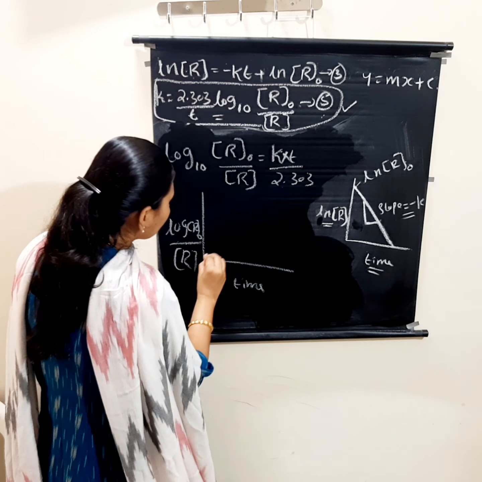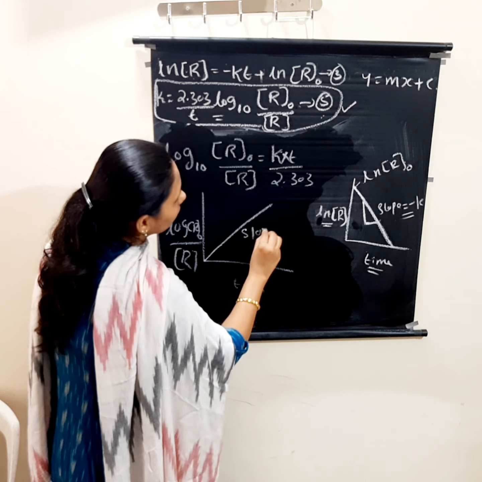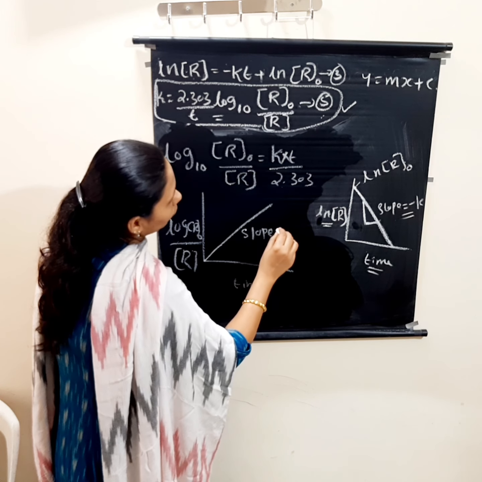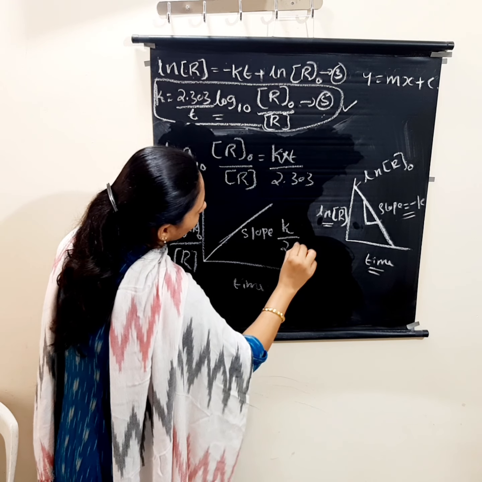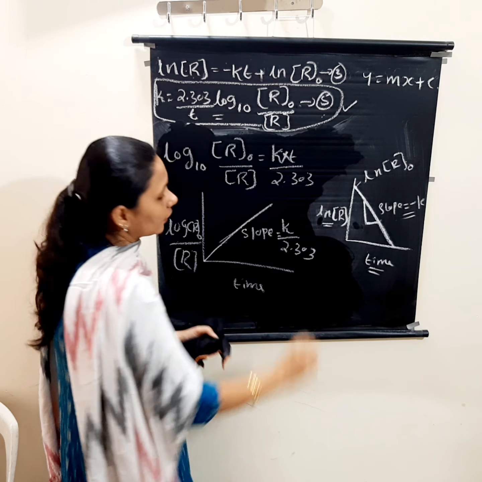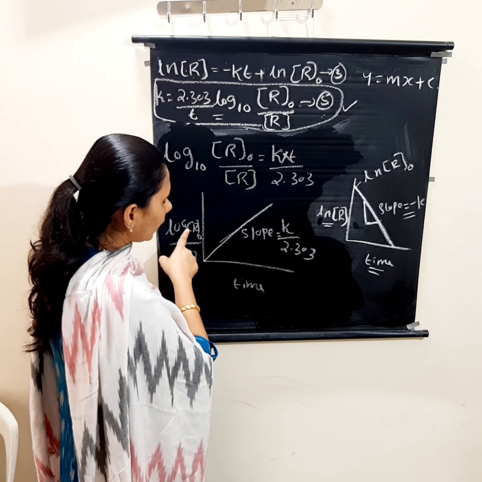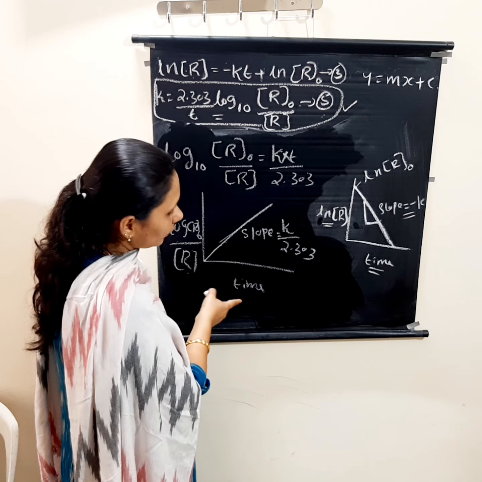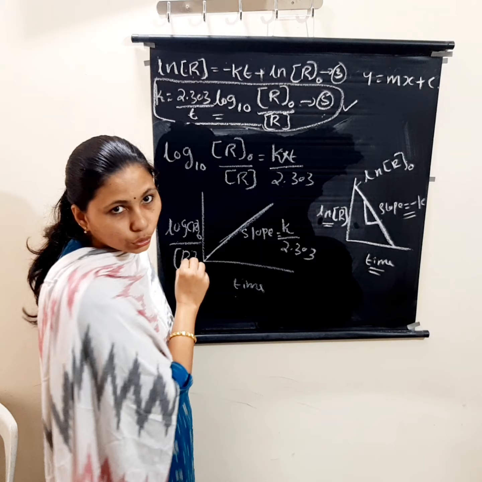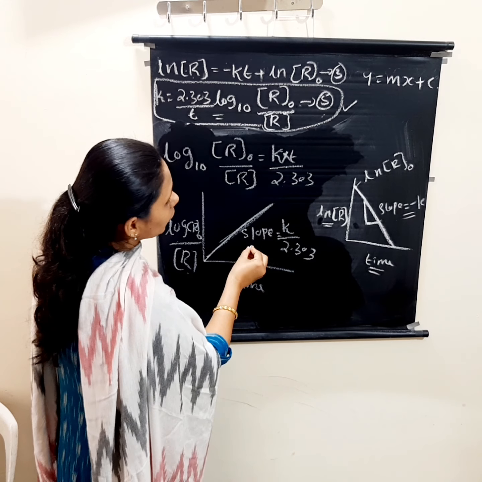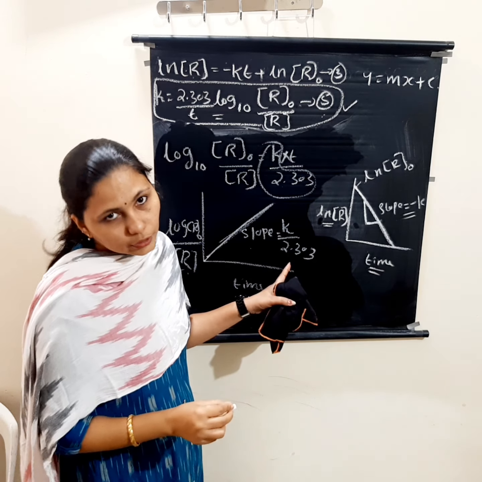And it is like this. The slope of this graph gives k divided by 2.303. So this graph, log R0 divided by R against time, gives a straight line like this passing through the origin, and the slope is k divided by 2.303.